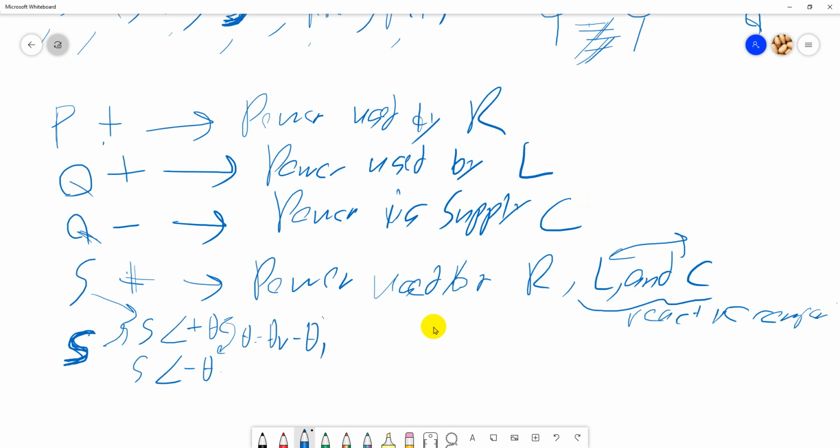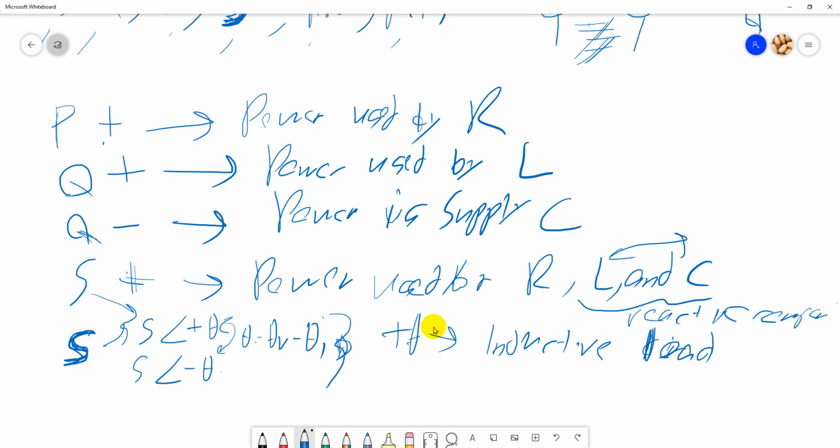What is the meaning of this? If the theta is positive, positive theta means that it is an inductive circuit, an inductive load.